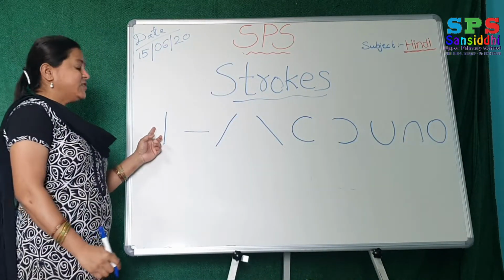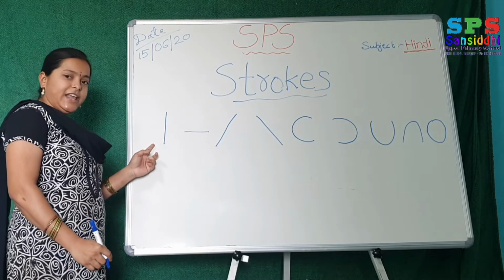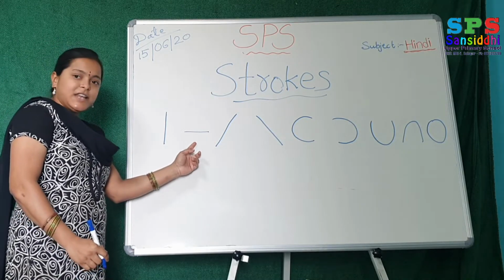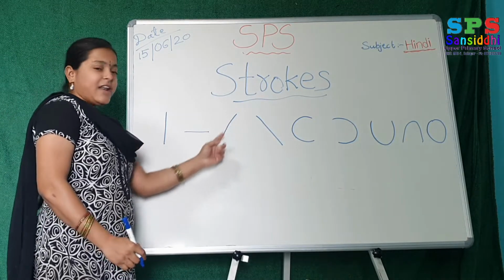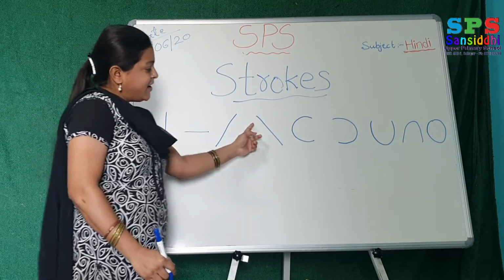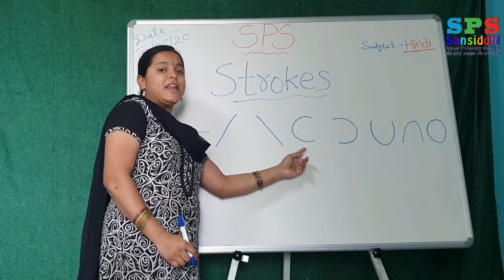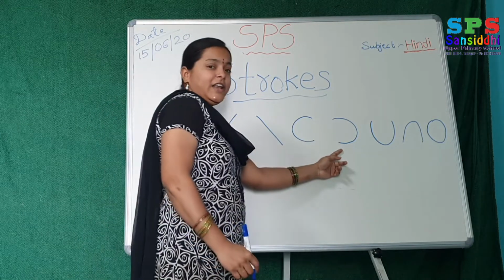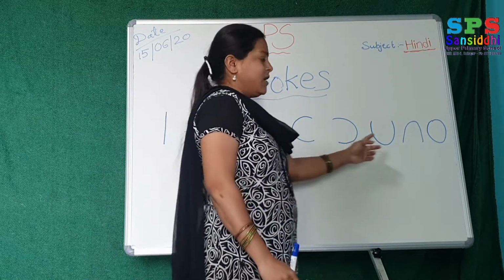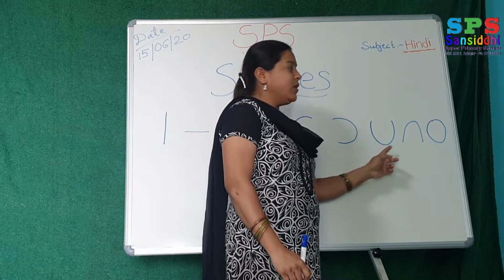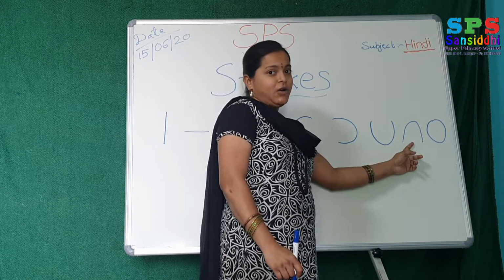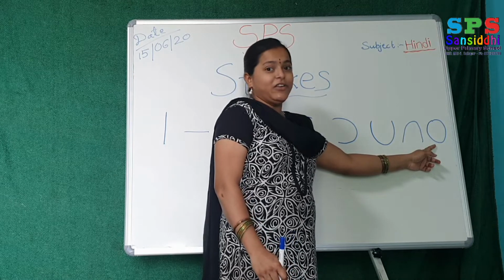Okay? Standing line, sleeping line, right slanting line, left slanting line. This is called right curve. This one is left curve. This one up curve. This one down curve. And this one everyone knows.